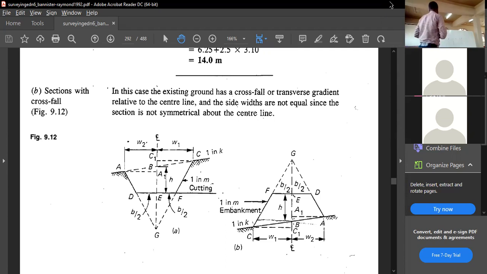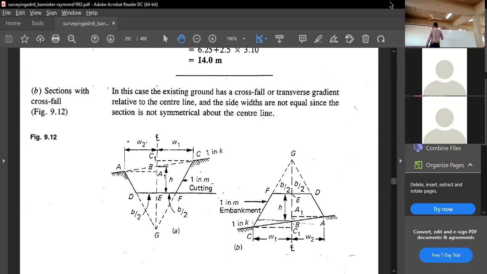The cross fall is where you have a slope, a cross slope of 1 to 2, and then you still have the actual side slopes of 1 to 10.